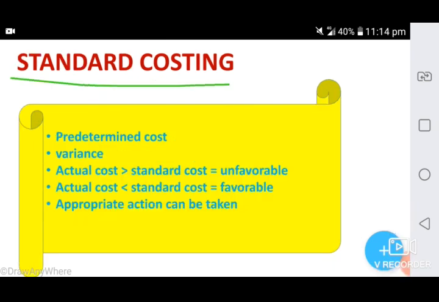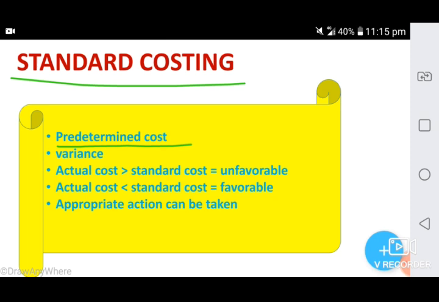Next one, standard costing. It is an important subtopic of cost accounting. Standard costs are usually associated with a manufacturing company: cost of direct material, direct labor and overhead. It is a predetermined cost prepared for each unit.